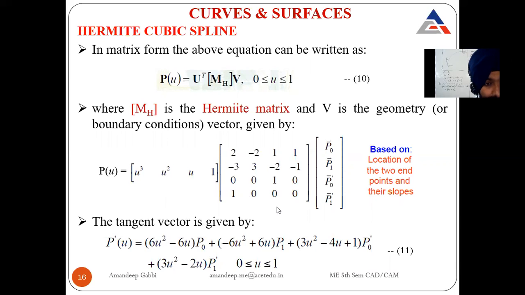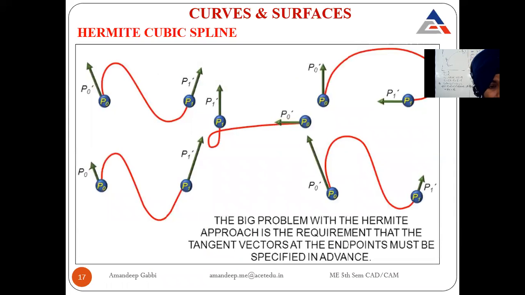So this is about Hermite cubic spline. These are some of the diagrams or curves that are generated with the help of cubic spline. A random shape like this, or like this, or like this, can be generated with the help of cubic spline. The only drawback that a Hermite cubic spline has is that it needs 2 points and 2 tangents also.